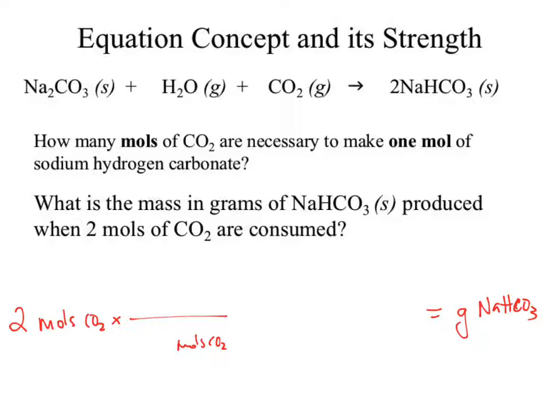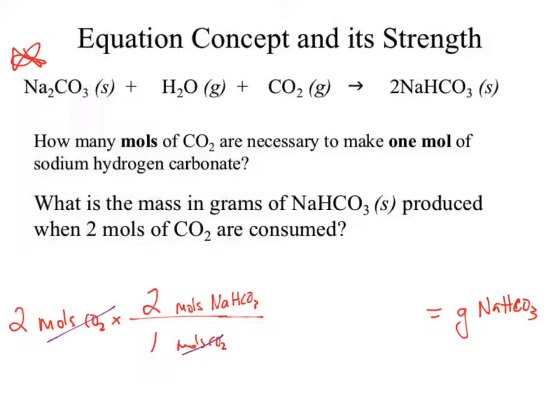So that means keeping the measurement, moles, and getting the new substance, which would be sodium hydrogen carbonate. What is the conversion factor between those? This comes from our balanced equation. 2 shows up in front of our sodium hydrogen carbonate, 1 shows up in front of our CO2. What unit do I have?